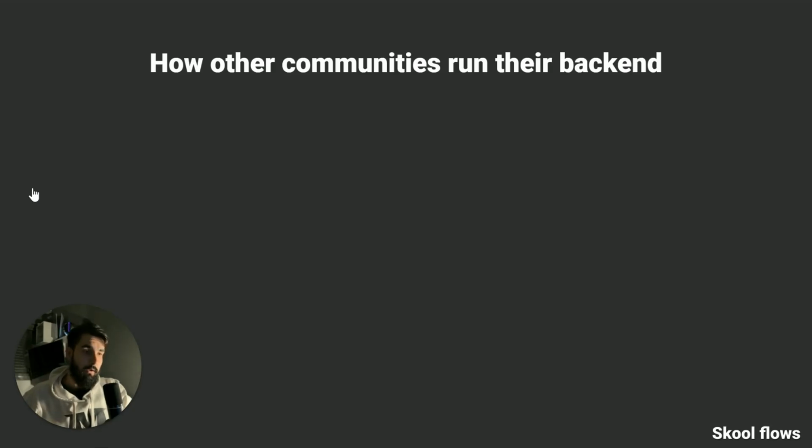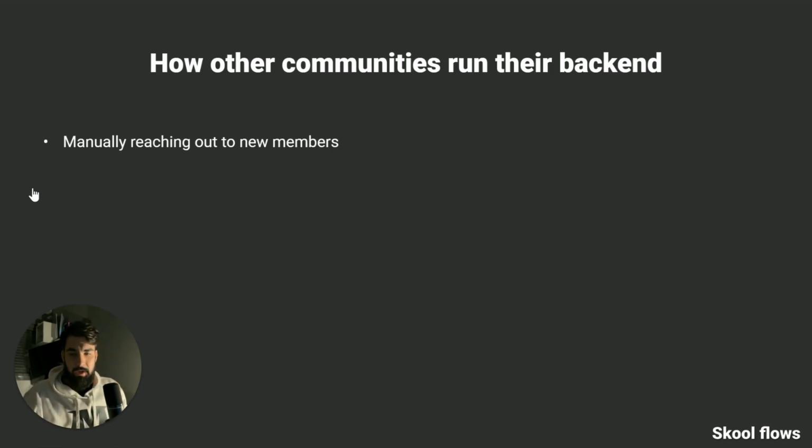So first point, they're manually reaching out to their members. Well, I get it, Skool has their auto DM system, but I'm not talking about that. When someone joins, the automation allows you to send a DM. And most of the time, the DM sucks.